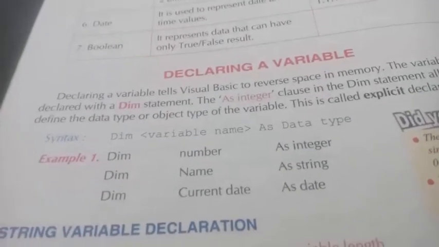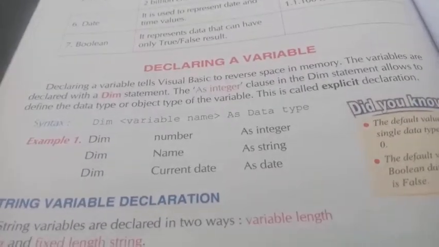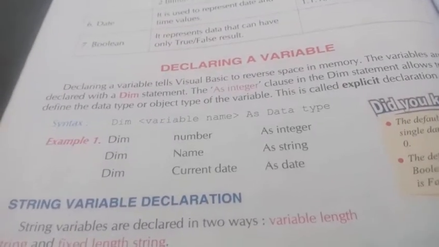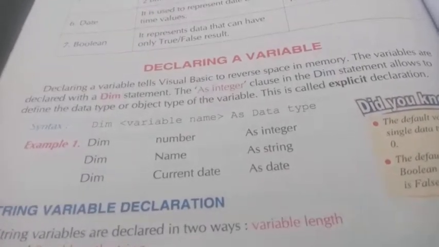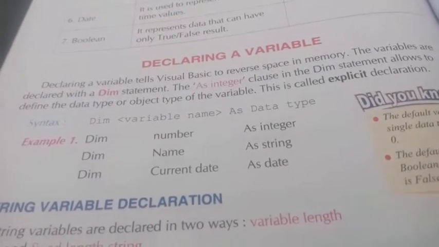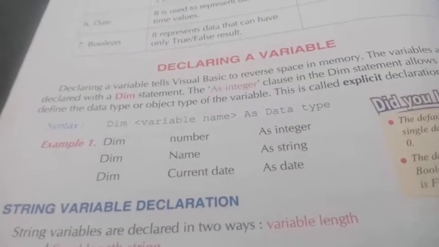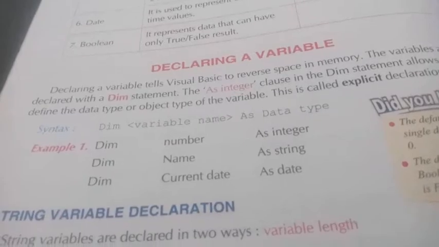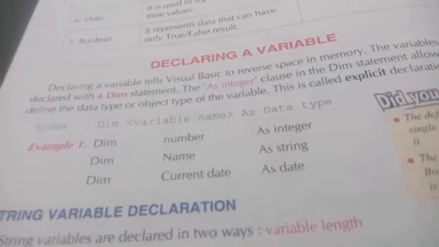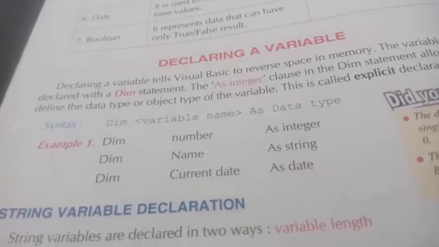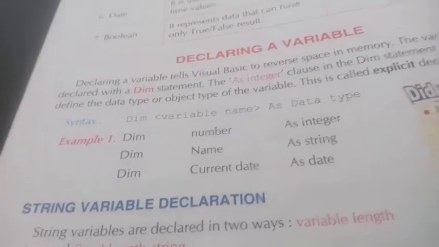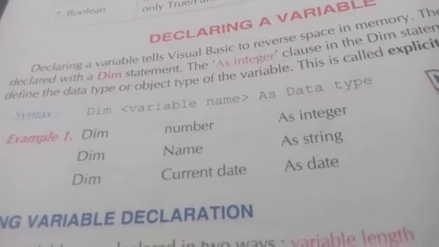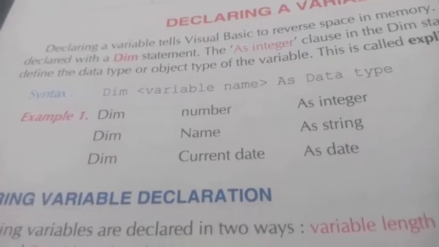So you can declare a variable. Dim is the keyword to declare a variable. Dim variable name, as per your requirement you can set your variable name, and As data type. Like if we need to enter an integer, then As Integer. If we input a name, then As String. If you need to set the date, the variable name is current date, and As Date.